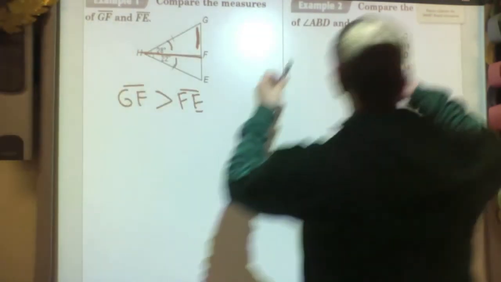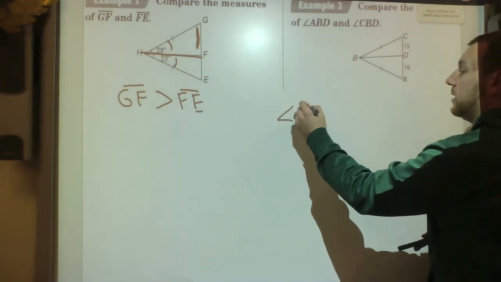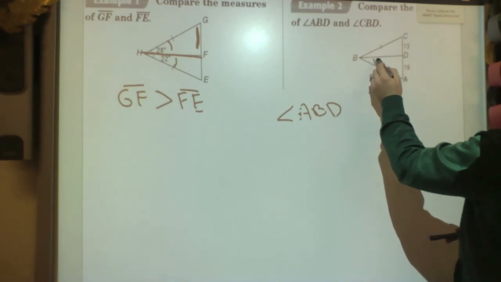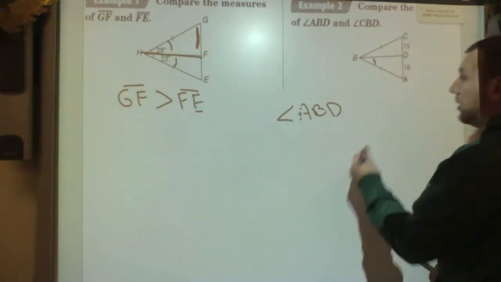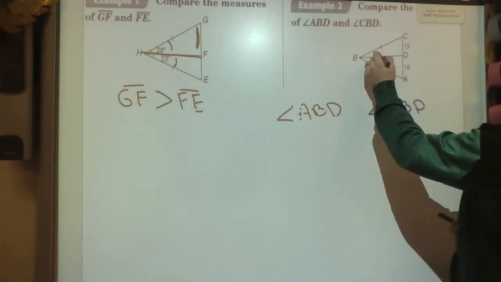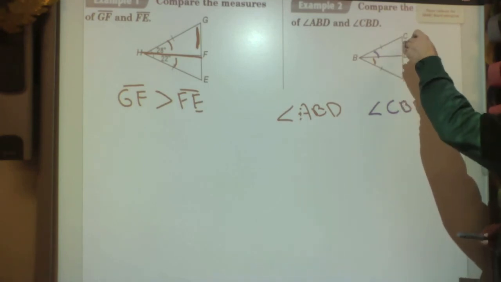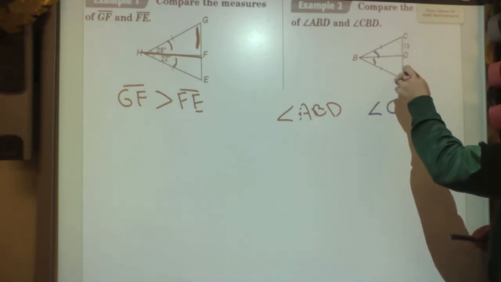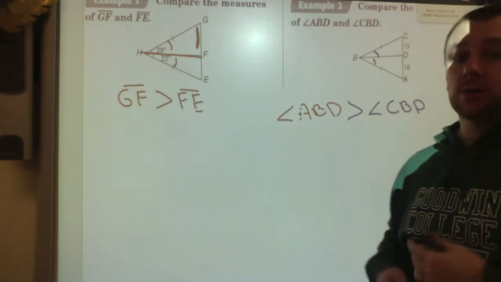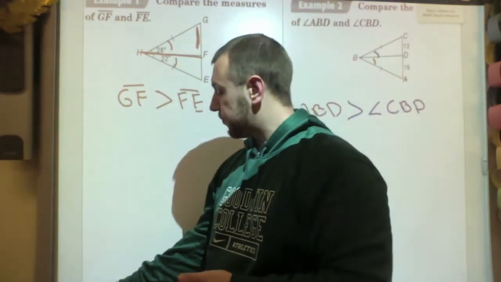And over here, I'm comparing angle ABD, this angle, and angle CBD, this angle. Which one's bigger? 16, 13? The 16 wins out. So ABD is bigger. That's all you're doing, ranking the two sides.